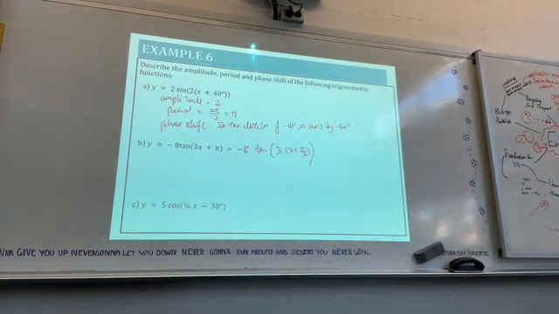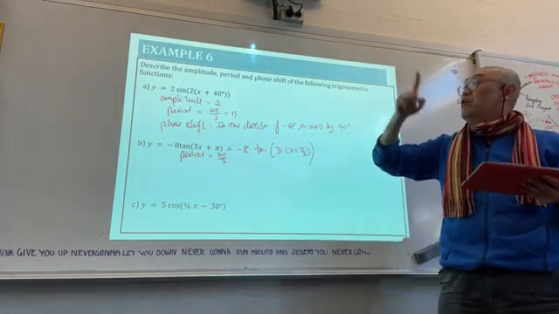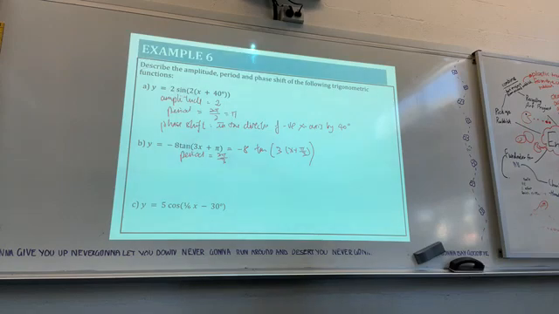So therefore we know the period, 2 pi over 3. Alright, the period is now 2 pi over 3. Because of that, you know that A is reflected about the x-axis.